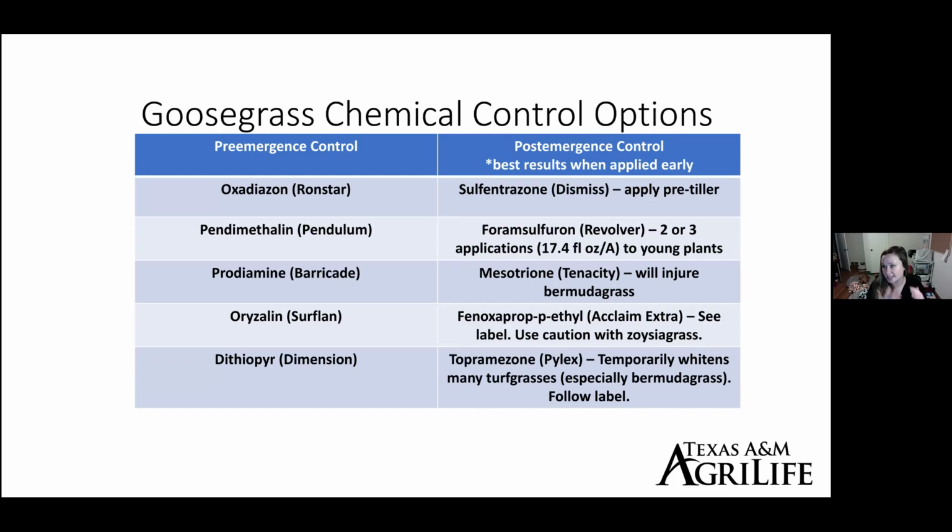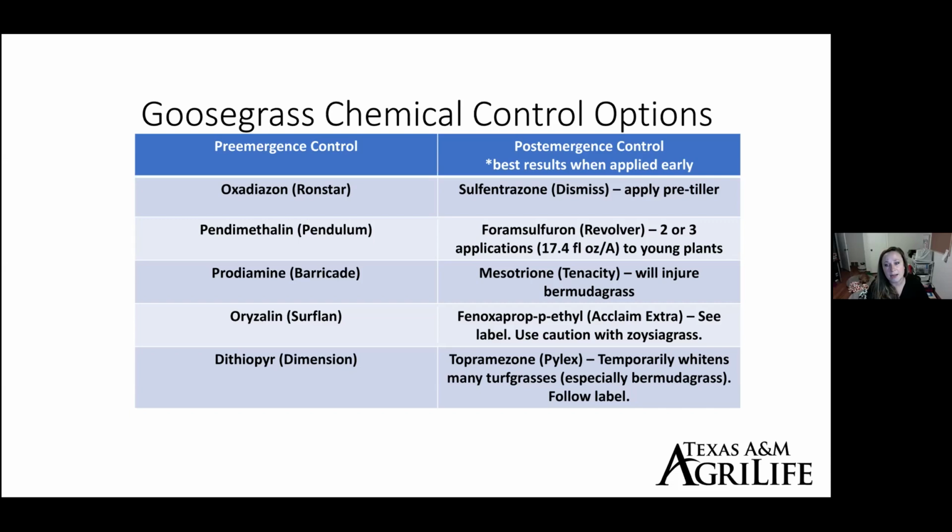If I have had significant issues with this disease, and I'm applying these products heavily in a system where that disease is present, I'm going to run the risk that the effect that that herbicide is having on my roots may affect its ability to overcome or respond to that disease. And so it comes back to the old adage that pre-emergence herbicides are really intended for healthy turfgrass systems. If I have a known issue in that system, I may have to rethink my plan a little bit.